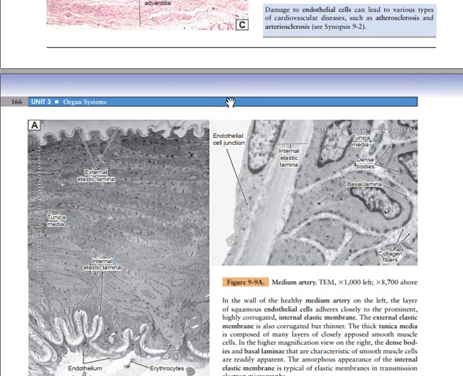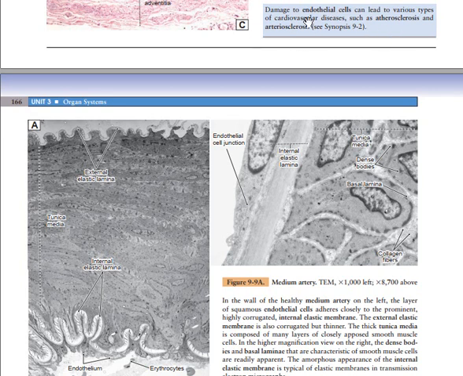So when I write arteriosclerosis, spelled A-R-T-E-R-I-O, sclerosis, it is just rigidity of an artery. But atherosclerosis is rigidity of an artery due to an atheroma. And what is an atheroma? An atheroma is a collection of fatty or lipid-like substances.